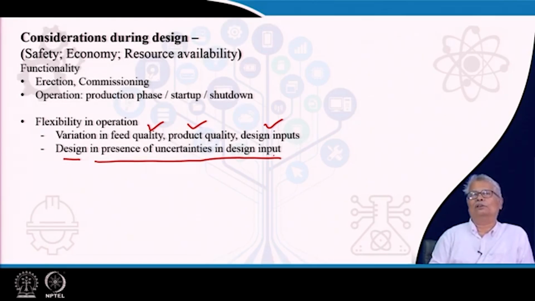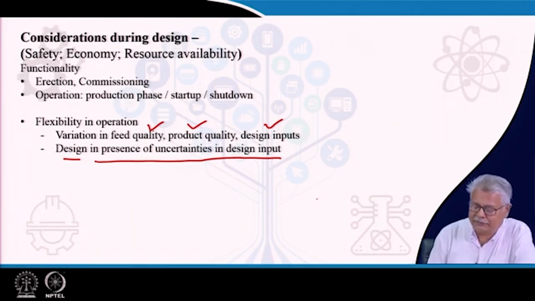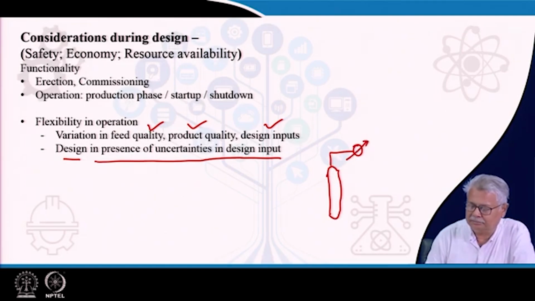I will talk about the startup and shutdown. In case of a fractionator, we normally have the column here. We have a condenser from where the liquid which condenses in the condenser comes to the overhead drum.